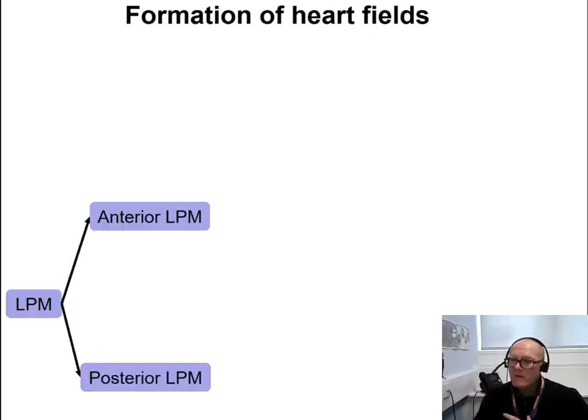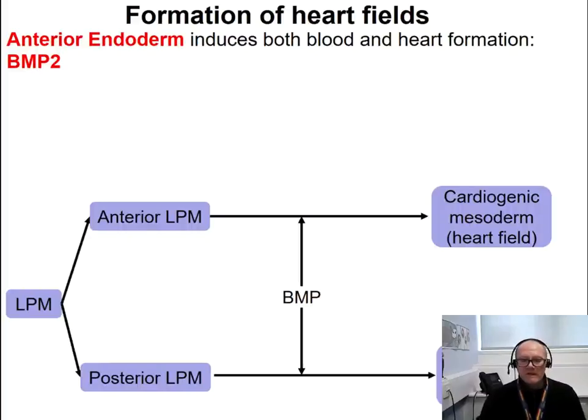The specification of which part of the lateral plate mesoderm is going to become which tissue, whether heart, blood vessel, or blood itself, depends on interaction between the lateral plate mesoderm and the endoderm. And in fact, one important signal from the endoderm is BMP.